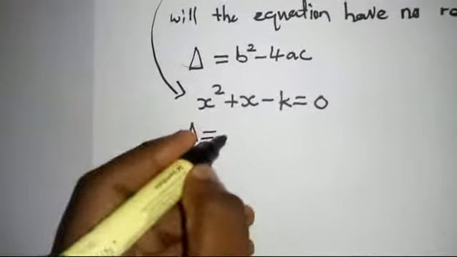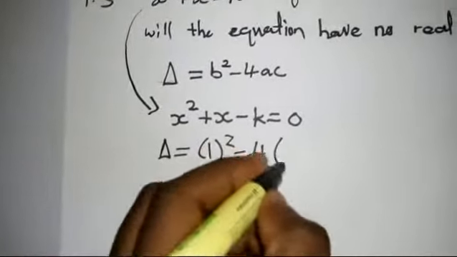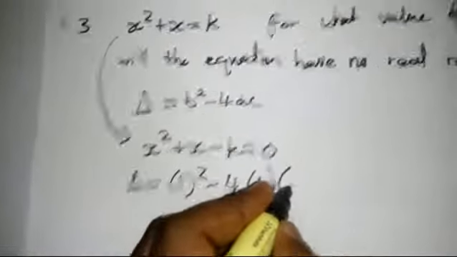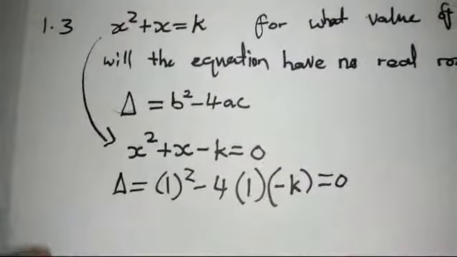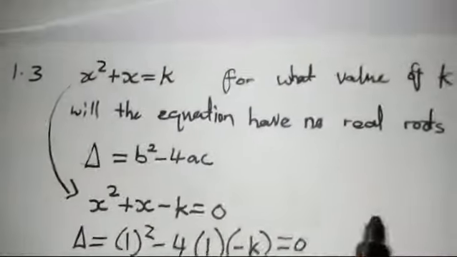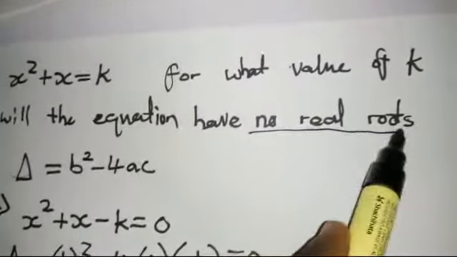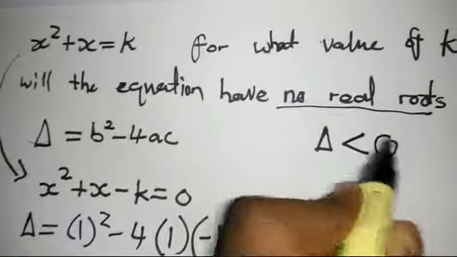In this case, our B is 1, and then our A is 1 as well, and then our C is negative K. And remember, for an equation to have no real roots, the discriminant should be less than 0.